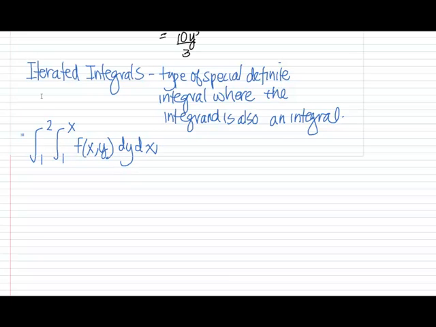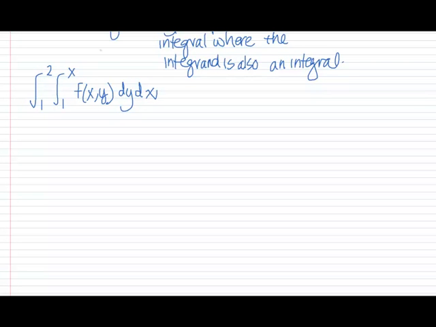Now how I'd like for you to look at this and interpret this is by paying attention to the bounds. So if you look at the inside integral, it's with respect to y, so that tells us that our y value is bounded between 1 and x. When you look at the outside integral, which is with respect to x, that's bounded between 1 and 2.